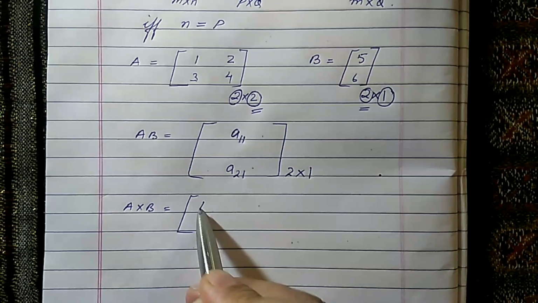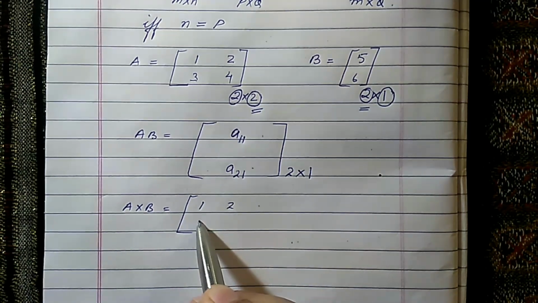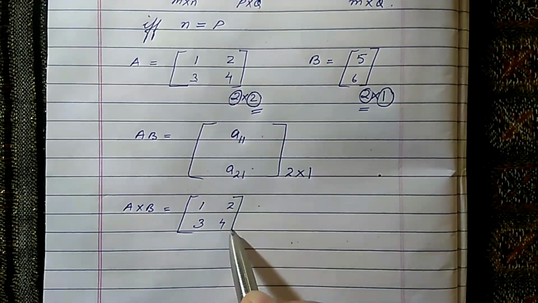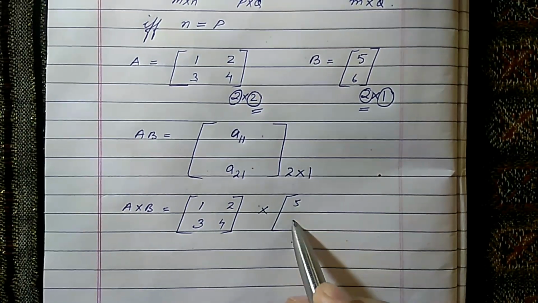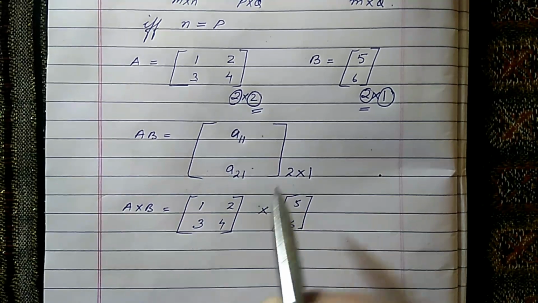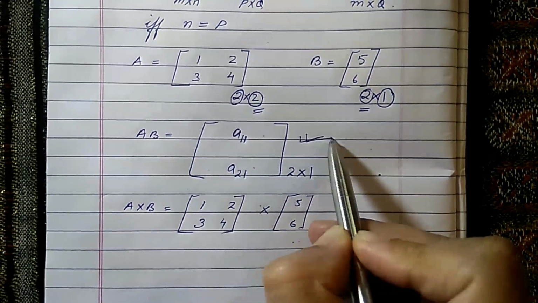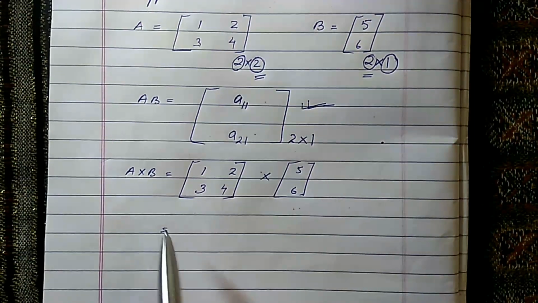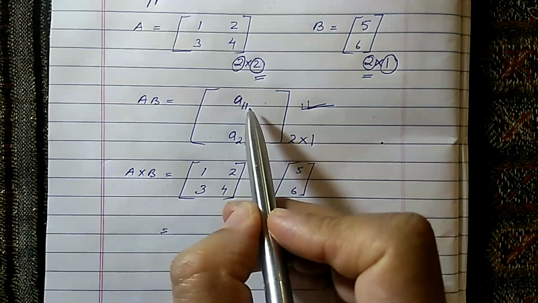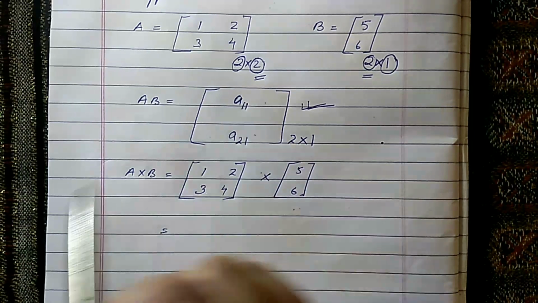So first we write down the matrix A, 1 2 3 4, and multiply it with matrix B, 5 6. Now look at this carefully and this will help us to multiply. A11, what does it mean? First row, first column.